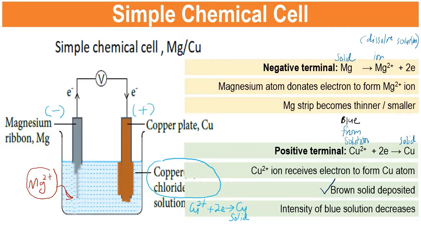When the quantity of copper ion decreases, we say the concentration of copper ion decreases. Therefore, the blue color will become paler, or the intensity of blue solution decreases. The correct words are intensity of blue solution.